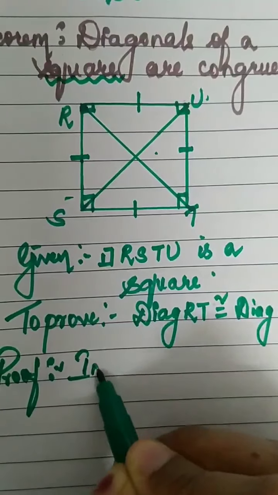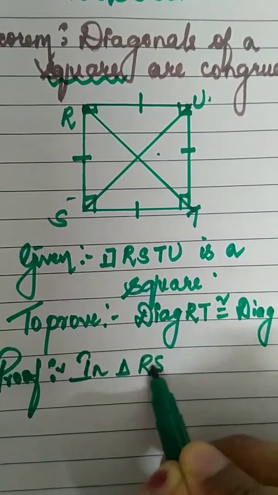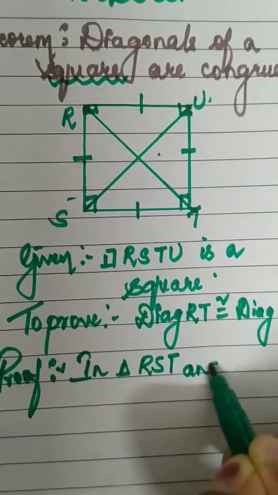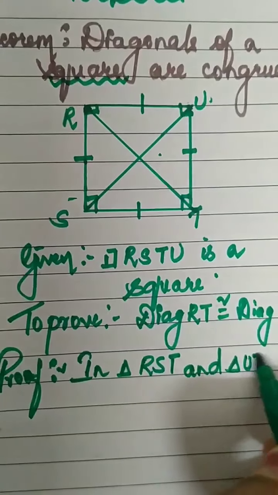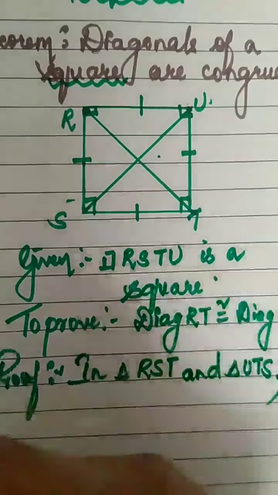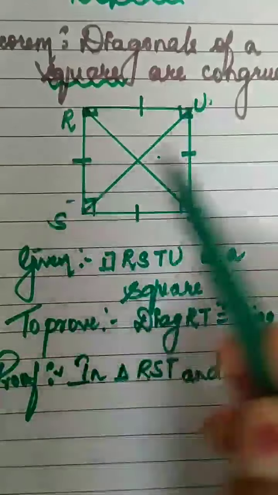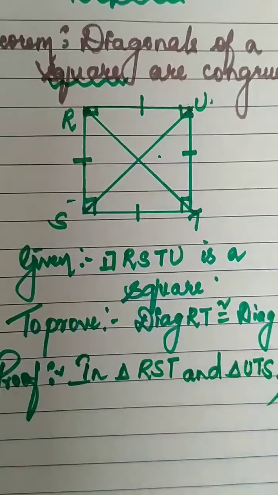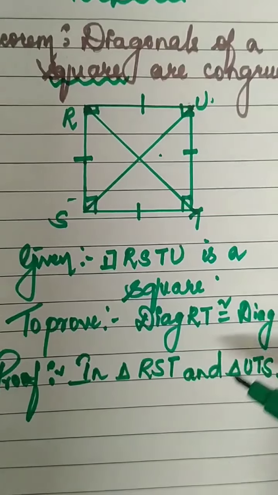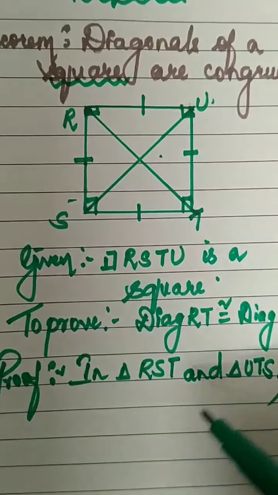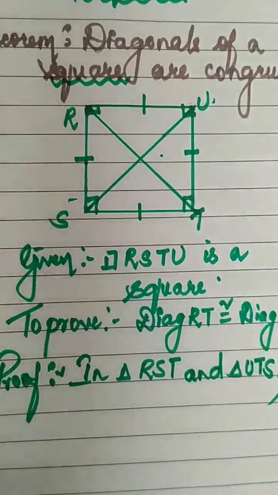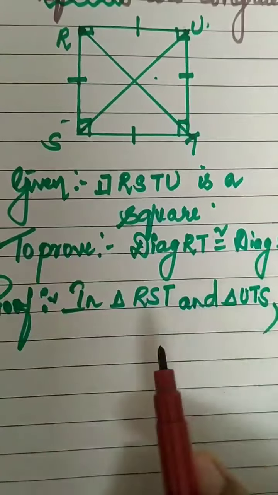In triangle RST and triangle UTS. Okay, so you just frame the steps in your mind. We need 3 things to prove the triangles congruent. Then we will meet. So pause the video and frame your steps and check from me. Hope you got your steps already.